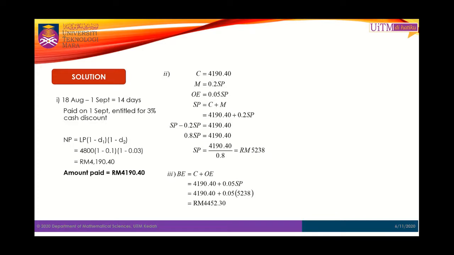The fourth question asks you to find the net profit, and based on the gross profit formula, the gross profit is the operating expenses plus the net profit.